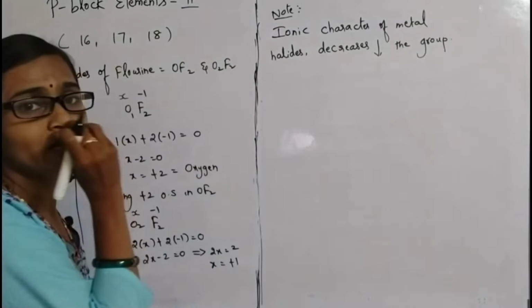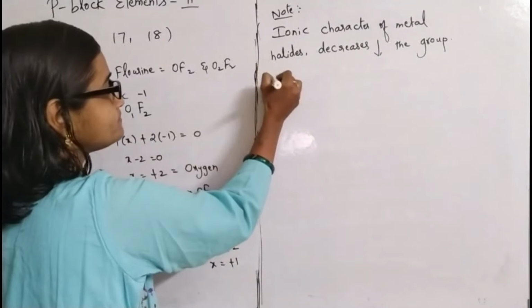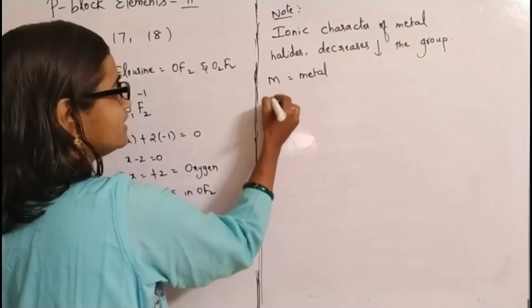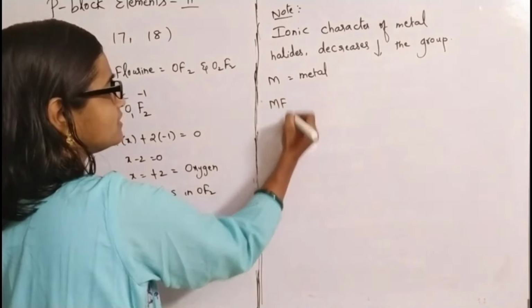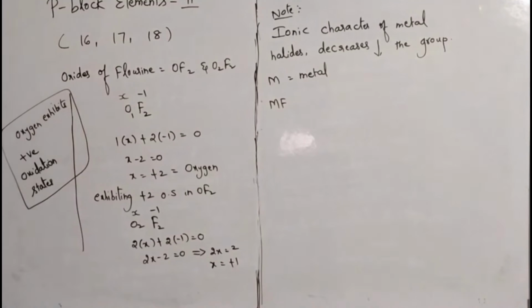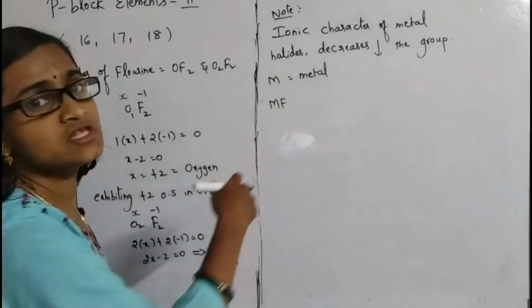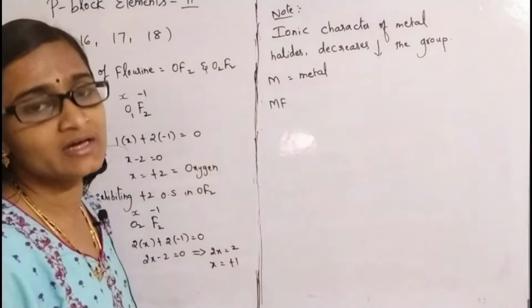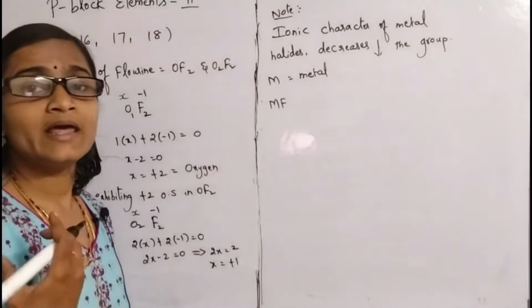That means what? If you take M, where M stands for a metal, the metal halide will be of the form MF, like NaF, MgF2, anything. It can be of M2F, MF2 or MF form.